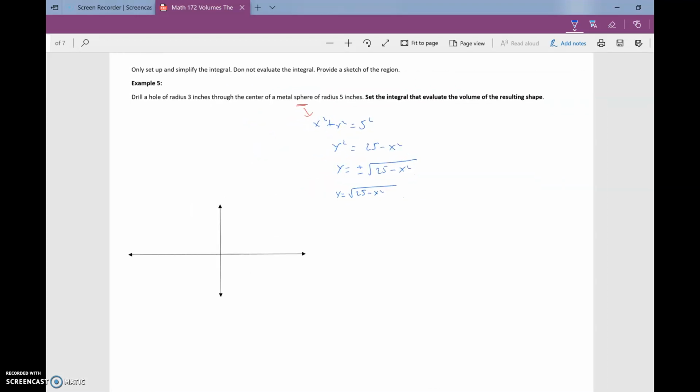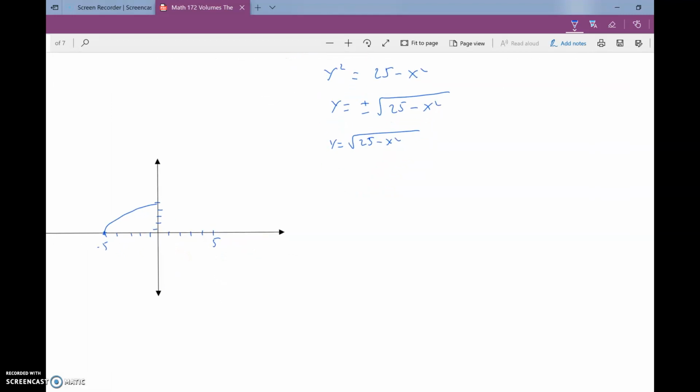Basically, the region in question here is going to be 1, 2, 3, 4, 5, here, and then 1, 2, 3, 4, 5. Technically, this is the region of this sphere that we're going to be revolving.